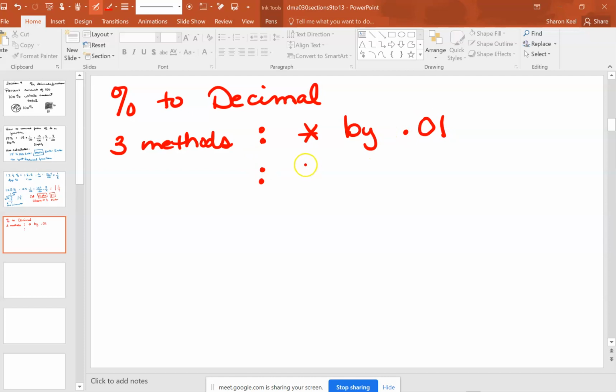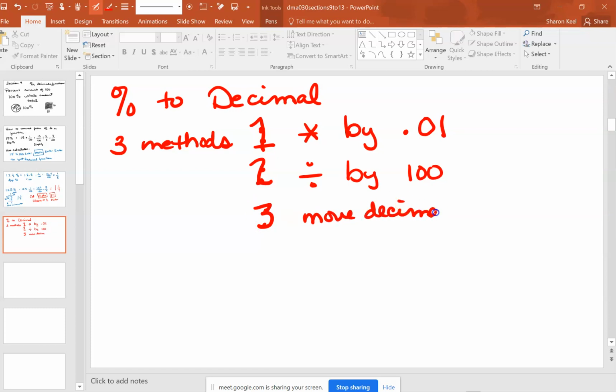The next method is to divide by 100. The third method is to move your decimal 2 places to the left.